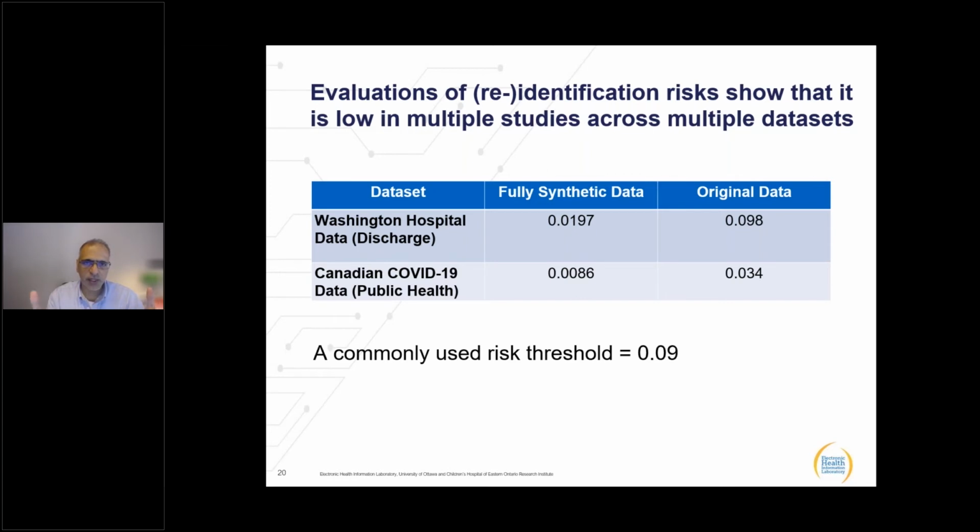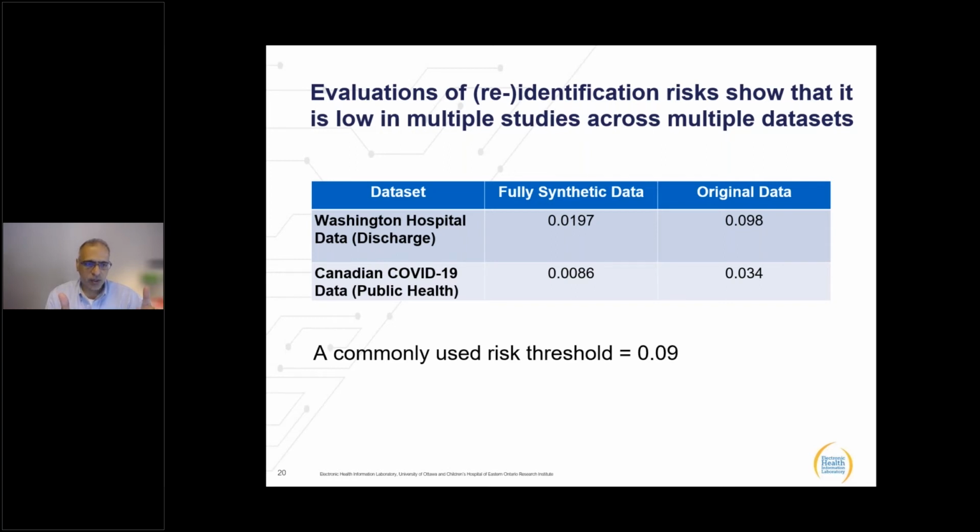So for example, this is a study we did where we created synthetic data sets and we evaluated the privacy of them using the attribute disclosure dependent conditional identity disclosure model. And we evaluated the probability of a correct match where you would learn something new about the person as well.